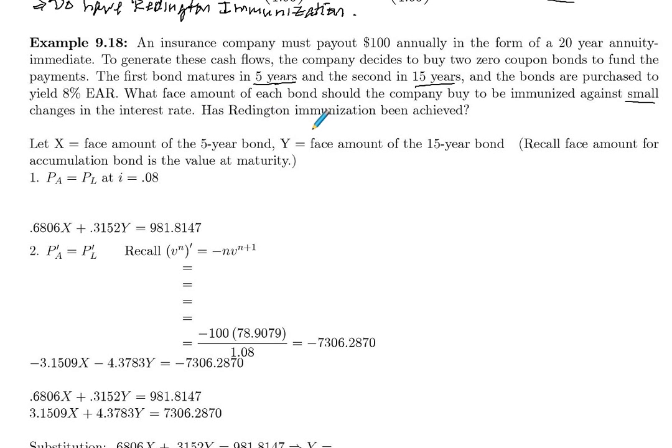So here we want to go through the same 3 conditions for Redington immunization and see if all 3 hold. Well, let's let X be the face amount of the 5-year bond, and let's let Y be the face amount of the 15-year bond. So these are going to be the face amounts instead of liability payments again. So if we draw our time diagram here, we've got a 20-year period here.